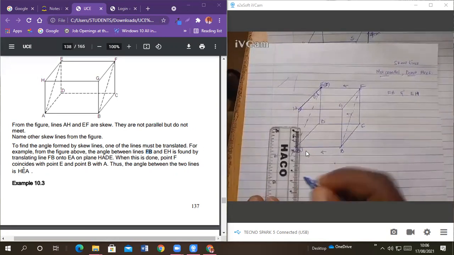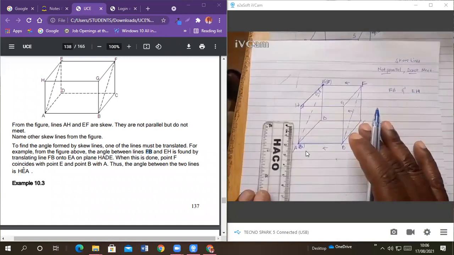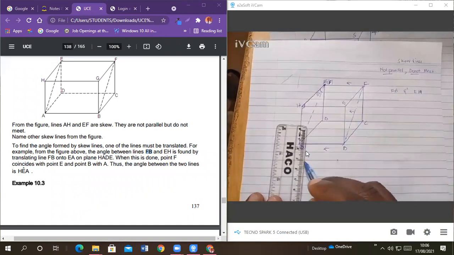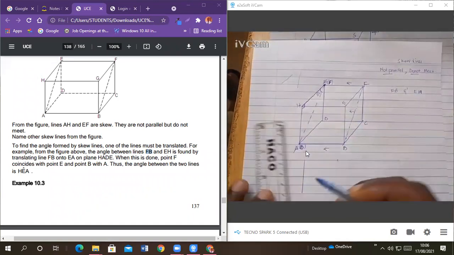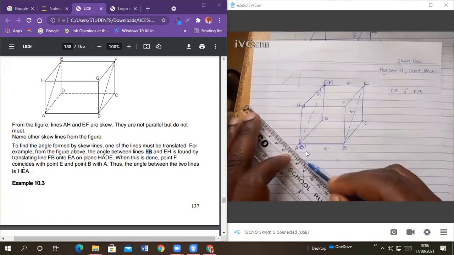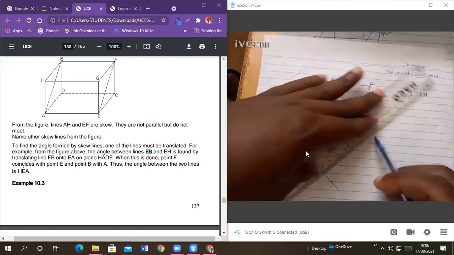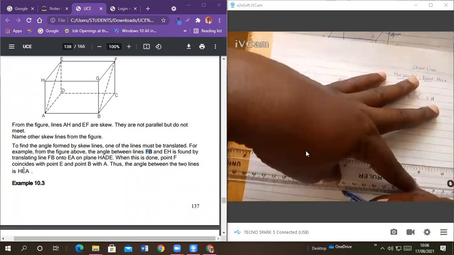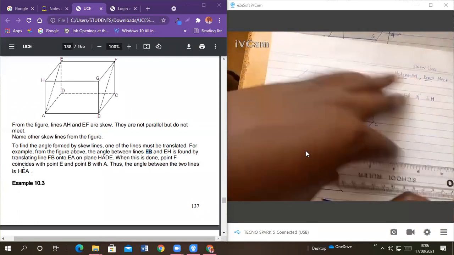So let me just draw a right angled triangle, the one that you normally know. But if I draw it like this, I must maintain those points.